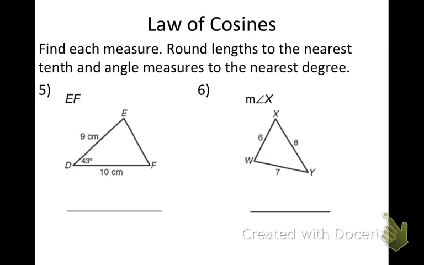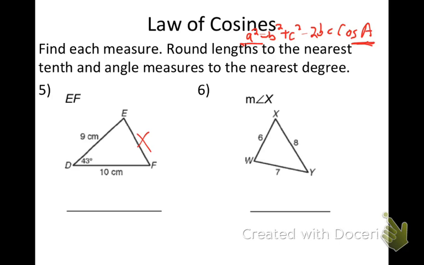Let's try number 5 here. It wants me to find EF. Okay. So I'm going to look on here and I'm going to label EF. I'm going to call that just my X. Now, law of cosines says A squared equals B squared plus C squared minus 2BC cosine of A. And again, what's important is that you make sure you match up.